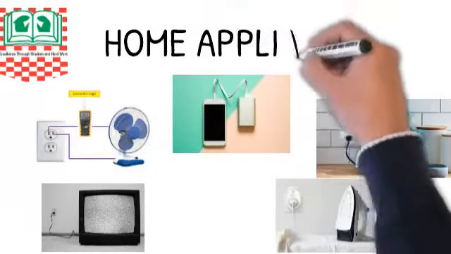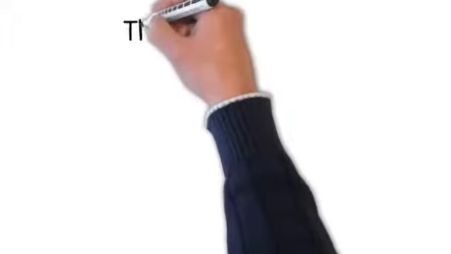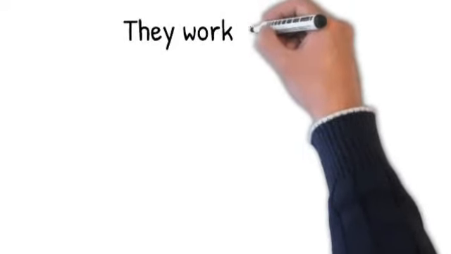Now, do you know how these appliances work? They work as a result of what I'm going to explain to you in our next slide. They work as a result of electricity.